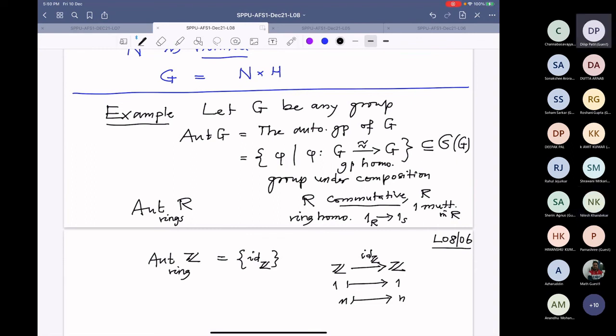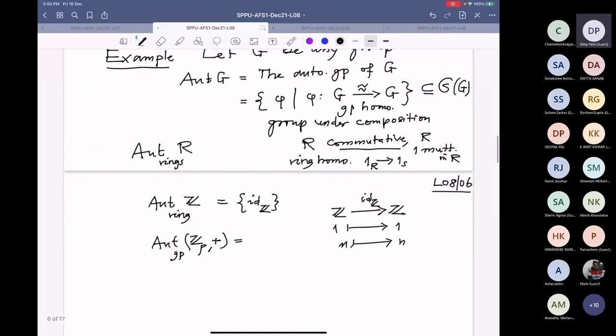Now can you tell me the automorphisms of the group Z mod P under addition? This is automorphisms of the group. Please think about it.